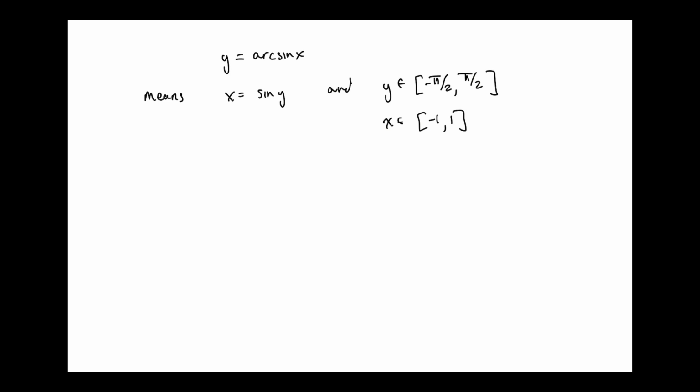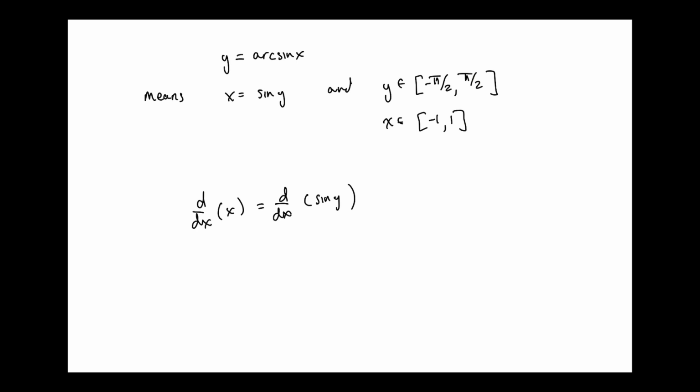Well, if x equals sine y, I have an equation. Can I take the derivative of both sides? Sure. What are we doing now? What kind of differentiation? Yeah, this is implicit differentiation, okay?